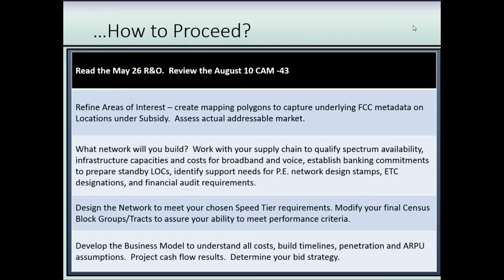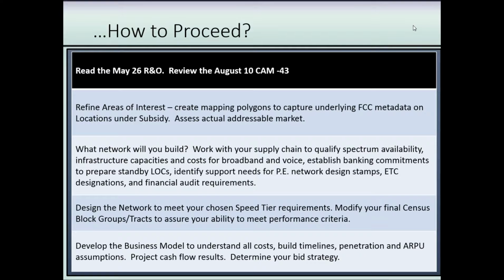We know where, on a preliminary basis, the funding is made available and how much the reserve is, and you can begin to assess the potential in any one market area and formulate a 10-year set of projections to see how the cash flow would model, assuming various kinds of inputs on the network build, on other costs that you have, so that you know where you would want to be in being a bidder.